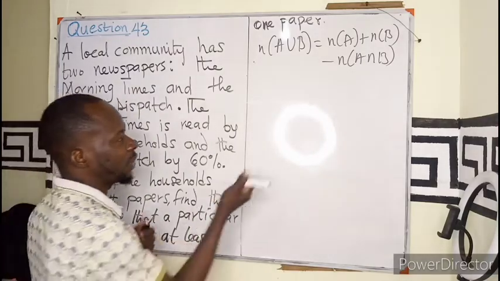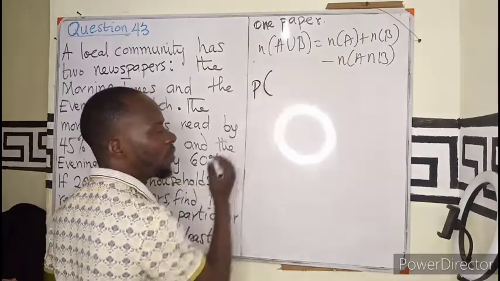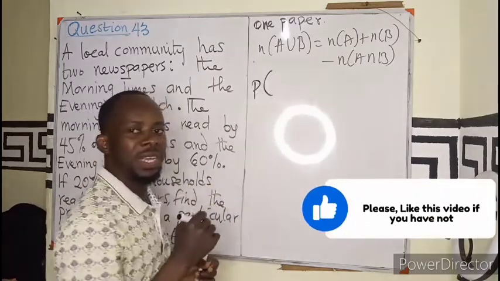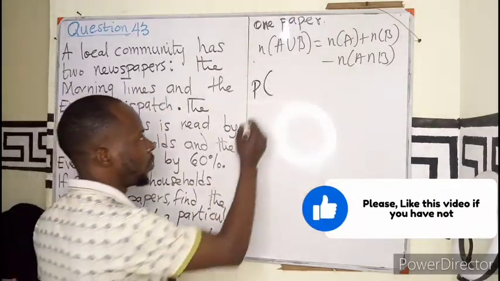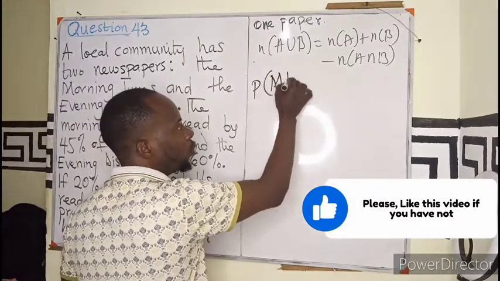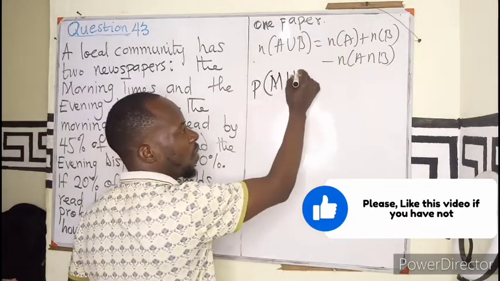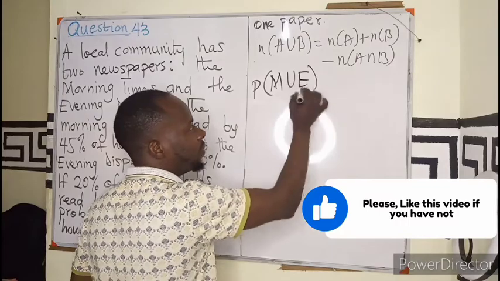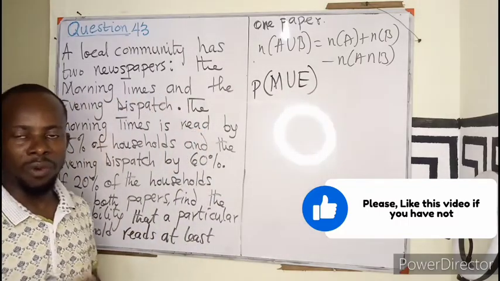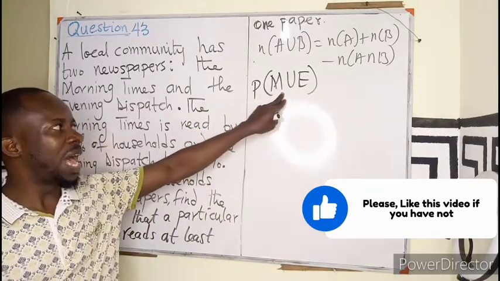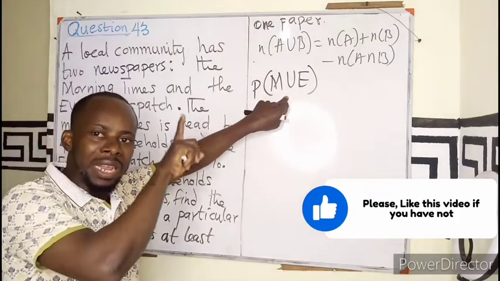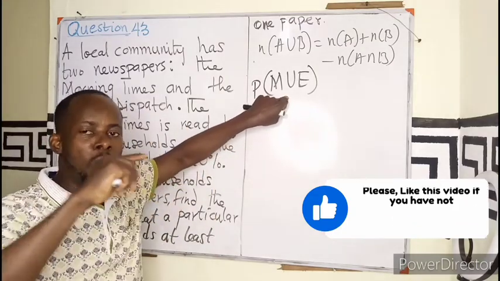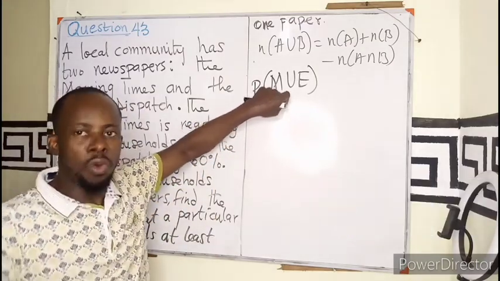So we can start with the probability of, if I'm using M for morning, M union E for evening.